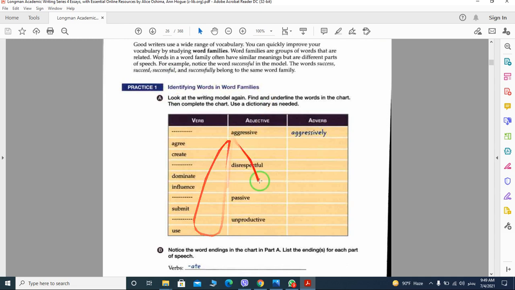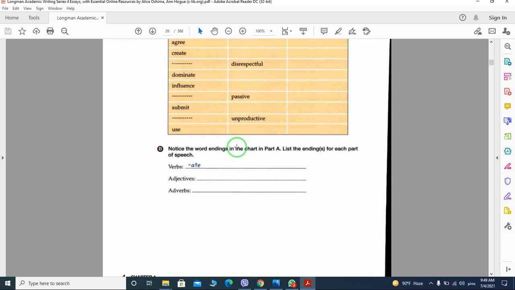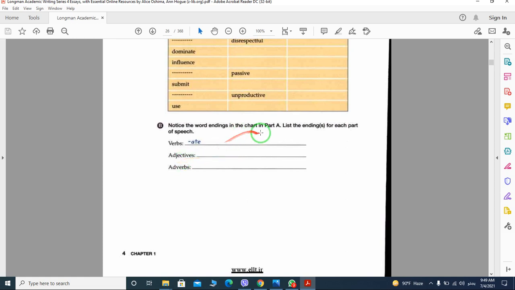Please complete this chart. Now for agree, you can say the adjective is agreeable, the adverb might be agreeably, or you might use a dictionary to find the different parts of speech of these words. Notice the word endings in the chart in Part A; they list the endings for each part of speech. So focus on the endings and see.